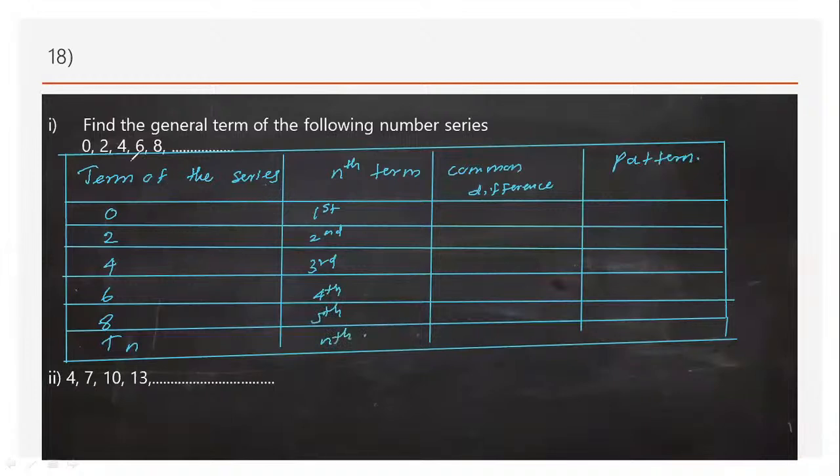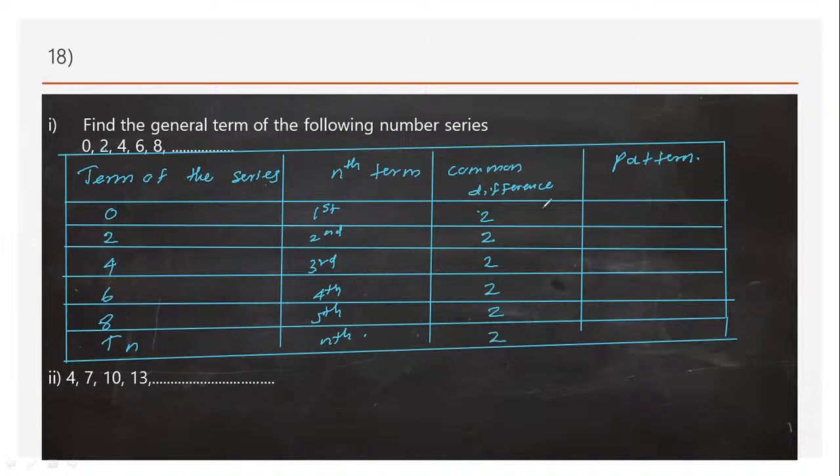Common difference in this number series means 2 subtract 0. If from the previous term you subtract, you are getting 2. Here also 2, here also 2, here also 2, here also 2. Nth term. Common difference is 2.